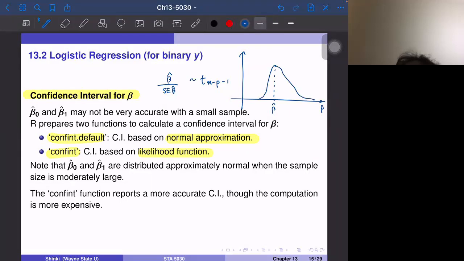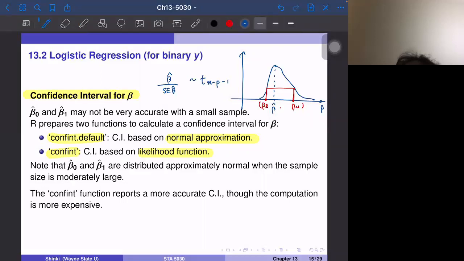In such a case, we want to use, for example, the interval from here to here as the confidence interval. If this covers 95% of the cases, we use this beta L and beta U as the confidence interval.